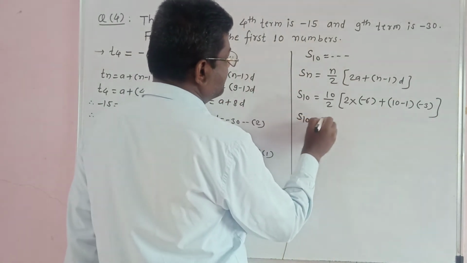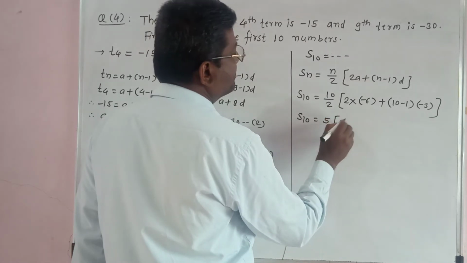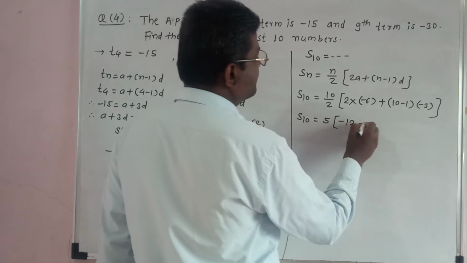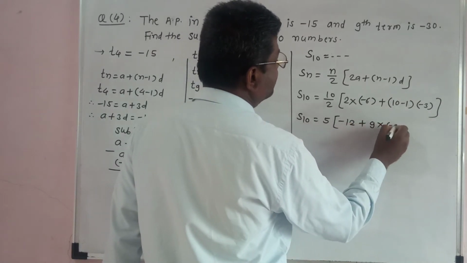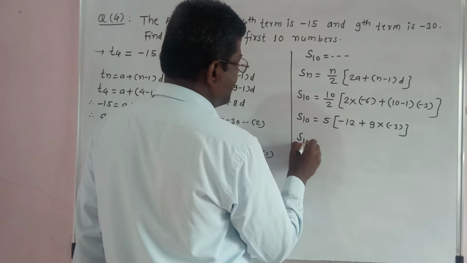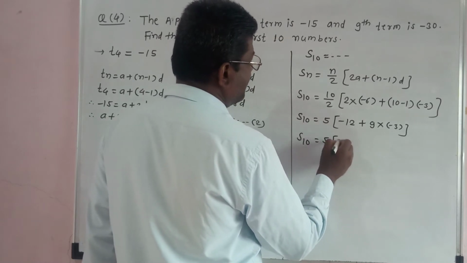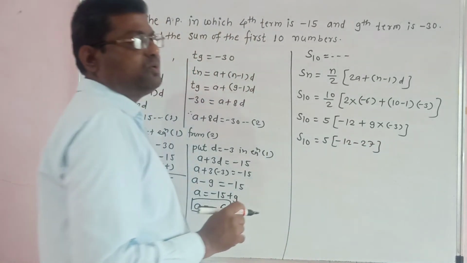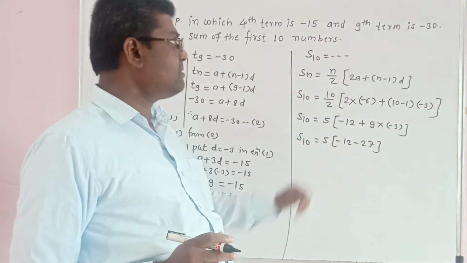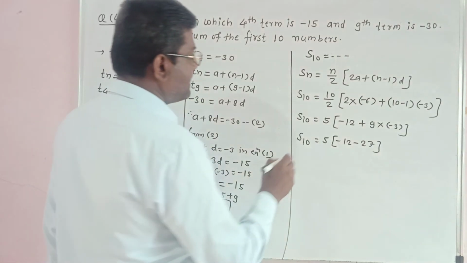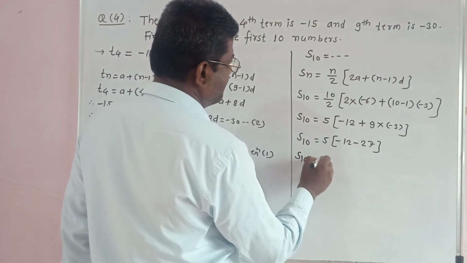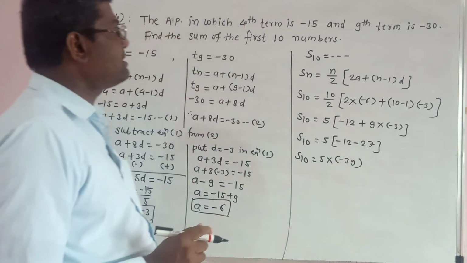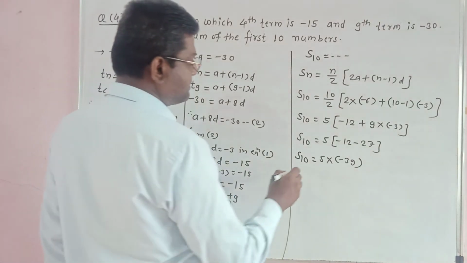Therefore S10 is equal to 10 upon 2 is 5, minus 6 into 2 is minus 12 plus 9 into minus 3. So S10 is equal to 5 in bracket minus 12 minus 27. 9 into minus 3 is minus 27. So S10 is equal to 5 into minus 39. Minus 12 minus 27 is minus 39.